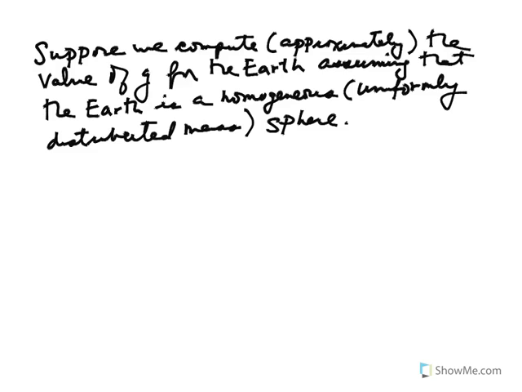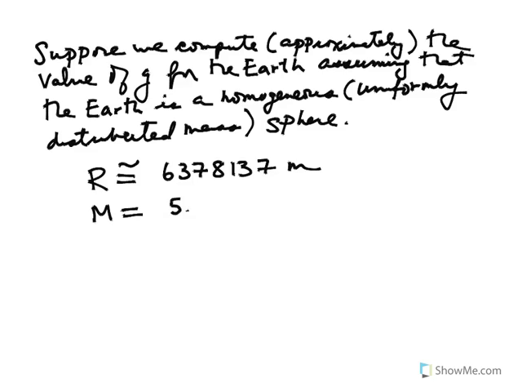So let's pull a few of these numbers from a common place. Let's go look and see what these numbers are. The radius of the Earth, if you take the equatorial radius, is 6,378,137 meters. That's approximate. The mass of the Earth is equal to 5.9723 times 10 to the 24th kilograms.